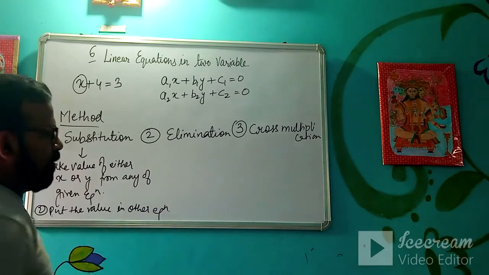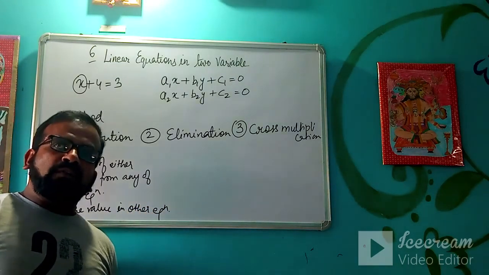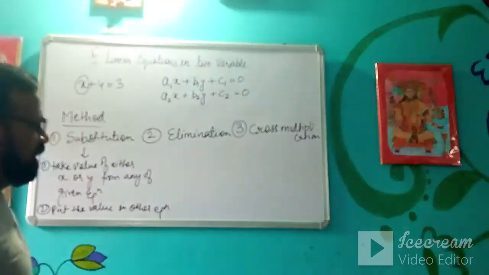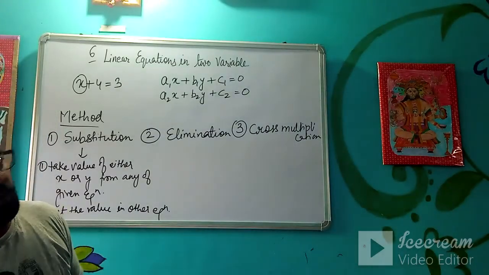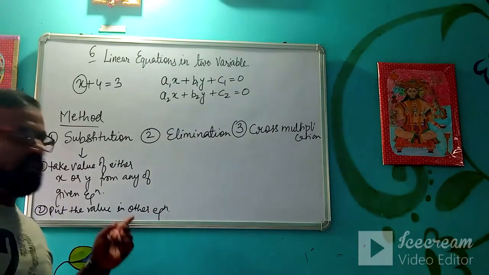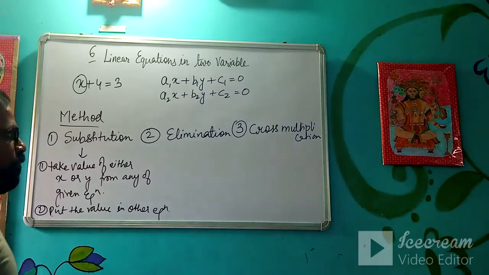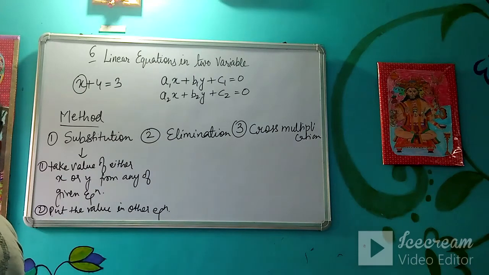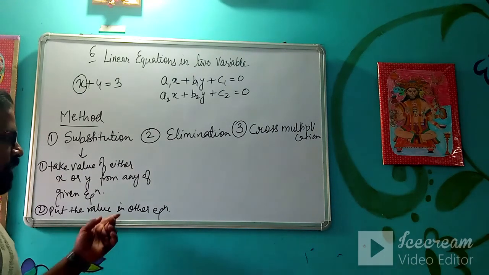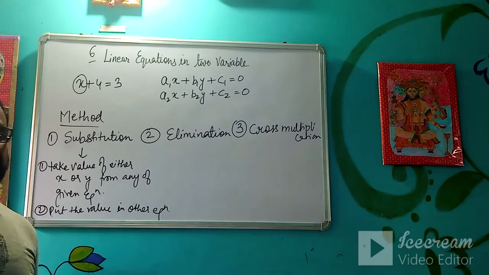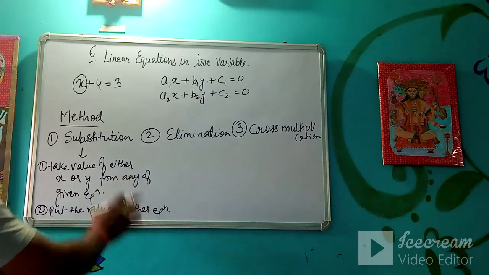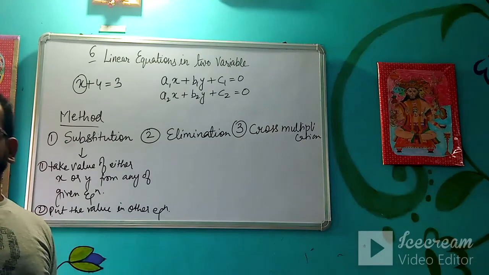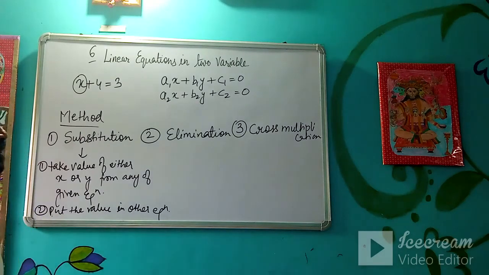So the value that you have found, either of x or y, you will put in the other equation, and you will get the value of one variable. Suppose you have taken out the value of x and put it in the second equation, you will get the value of y. Then you will get the value of x by substituting the value of y in the first equation. We will discuss this method first, in the first exercise of this chapter.